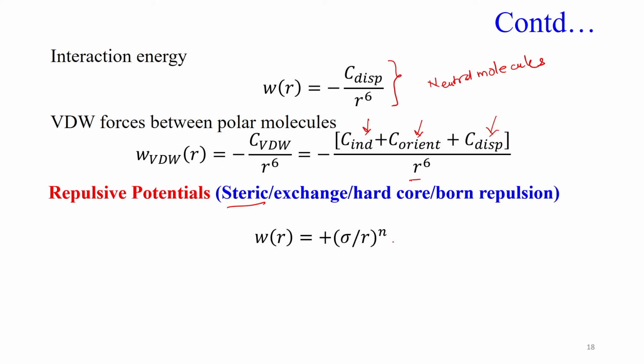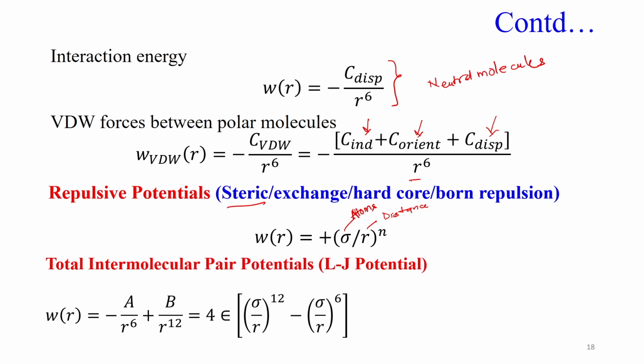This is expressed as a function of sigma and r. Sigma is the size of the molecules or atoms, and r is the interatomic distance. If we combine both the attractive and the repulsive forces, we get the pair potential, or Lennard-Jones pair potential.